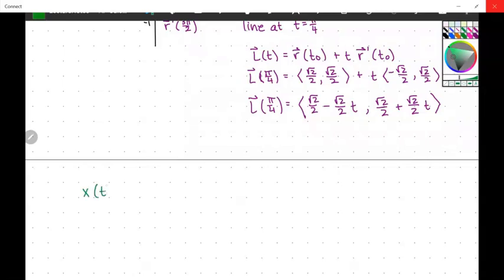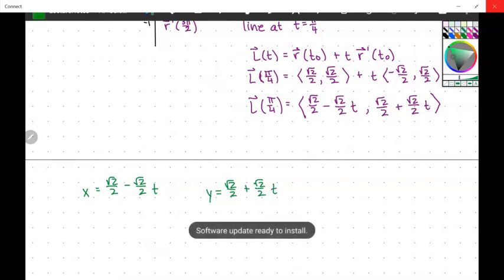If we think of it in terms of parametric equations, our x of t is root 2 over 2 minus root 2 over 2t, and our other equation for y is root 2 over 2 plus root 2 over 2t. Let's see what it looks like if we eliminate the parameter and write it in terms of just x and y.